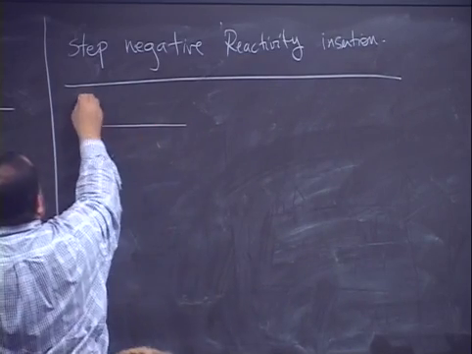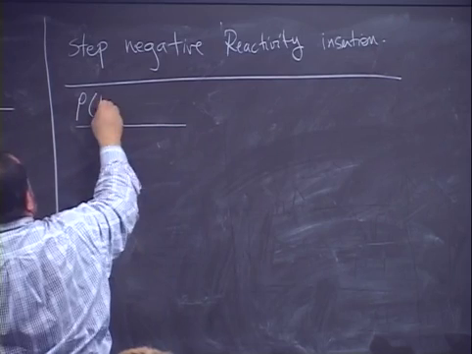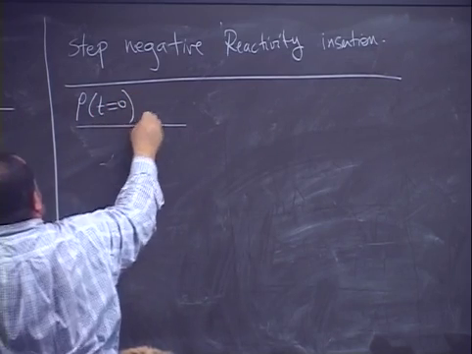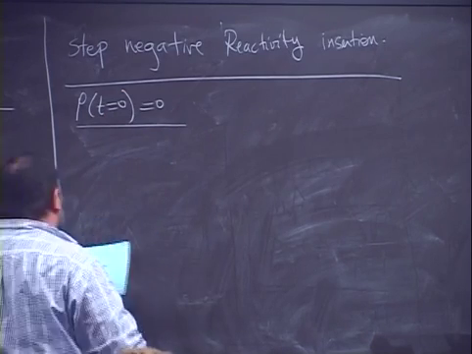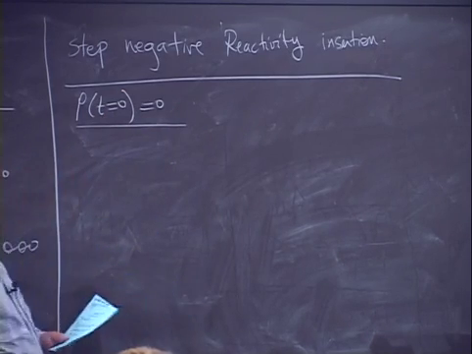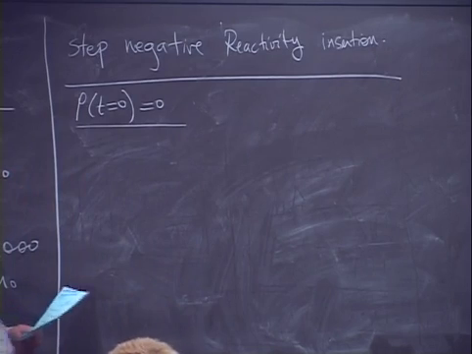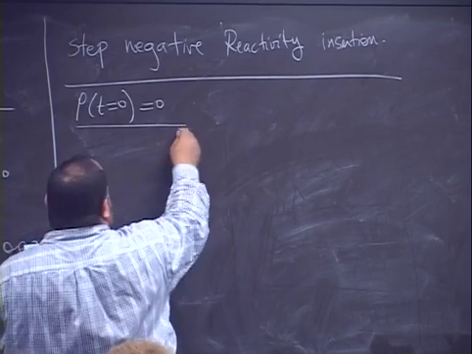At time t equal to 0, rho was 0, meaning that your reactor was critical at time t equal to 0.